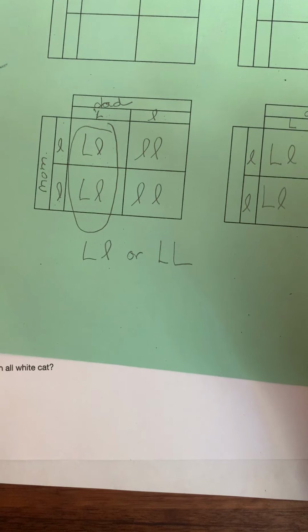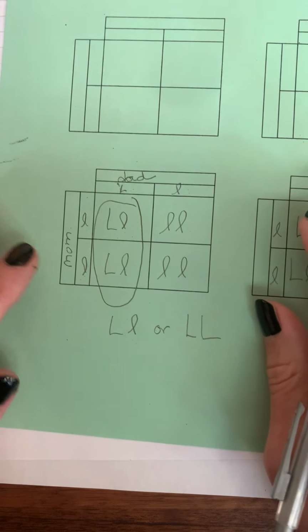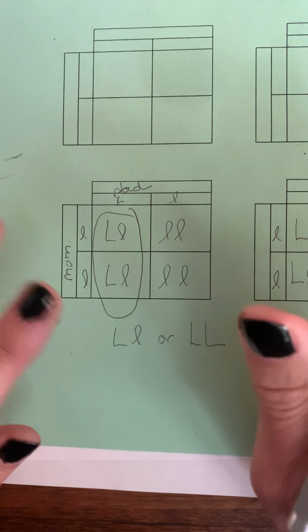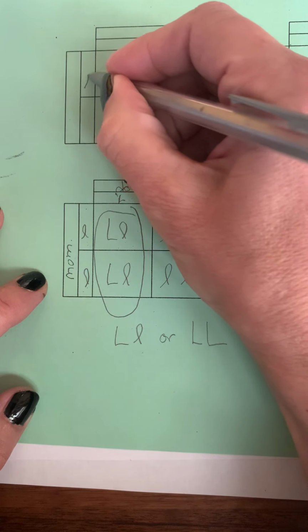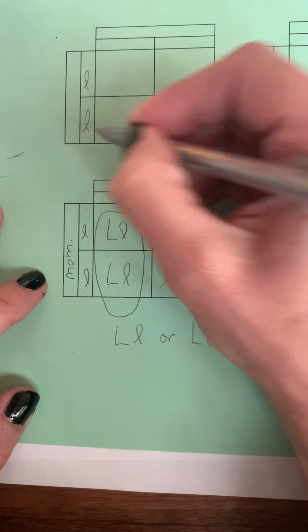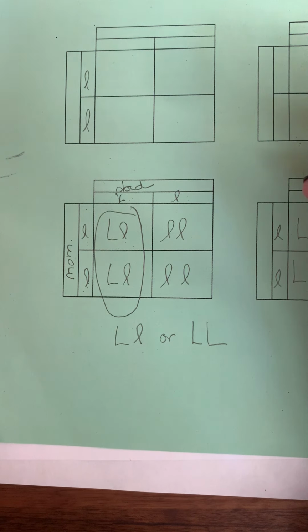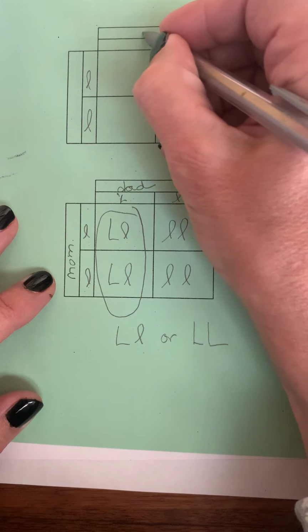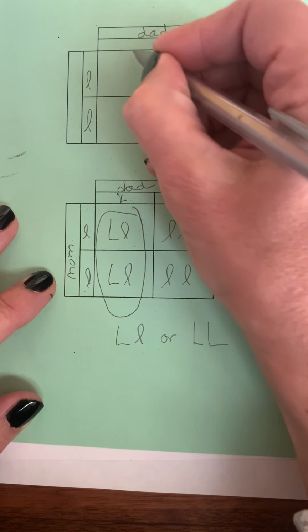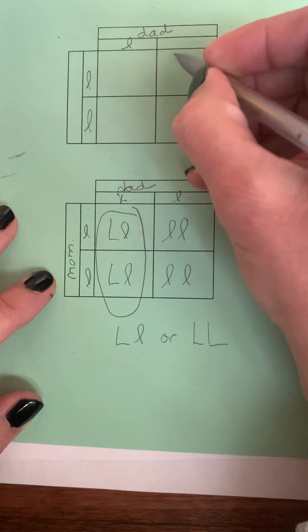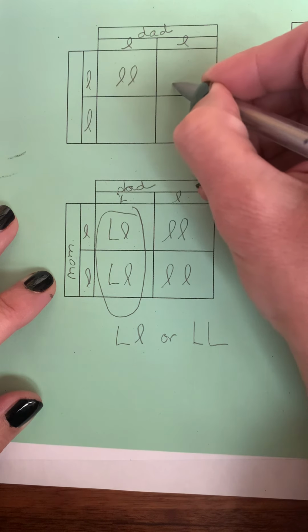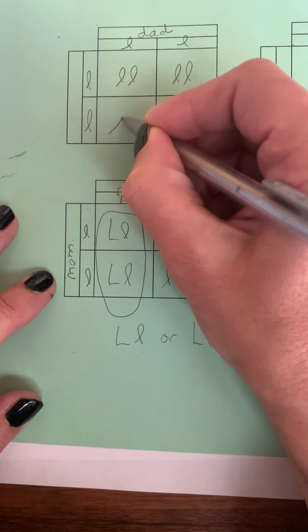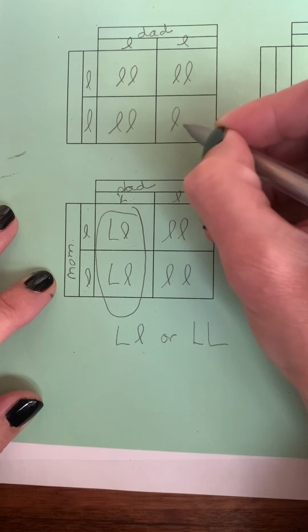Now, if we wanted to be safe, to make sure that we're covering all our bases, there's really only 3 gene combinations. Again, if mom has 2 little l's, she can only pass on one or the other of the l's. And if we're looking at dad, and he had 2 little l's, all of the kittens would be little l.